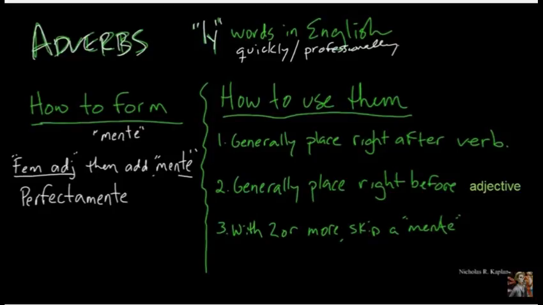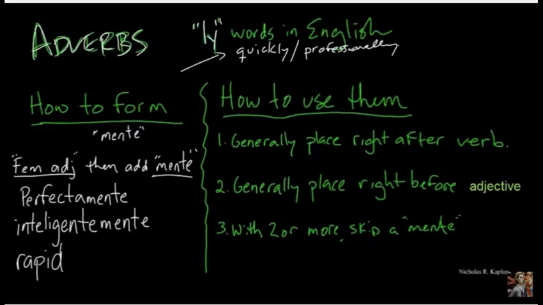All right, so what if we wanted to say, for example, intelligently? He speaks intelligently. Well, how do we say intelligent? And that is the feminine form of the adjective, and then we will add mente. Inteligentemente. Let's try another one. We'll go back to our original example, quickly or rapidly. So we have rapido, put it into its feminine form, and we're going to add mente.